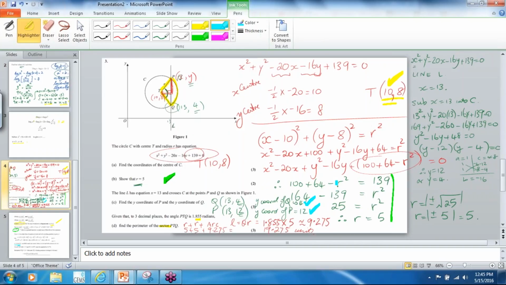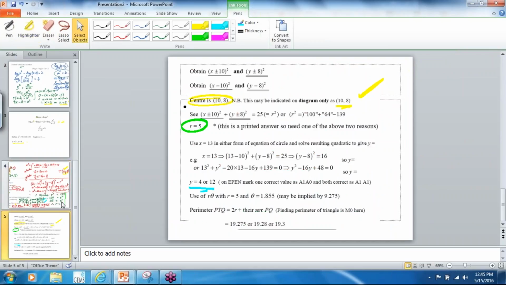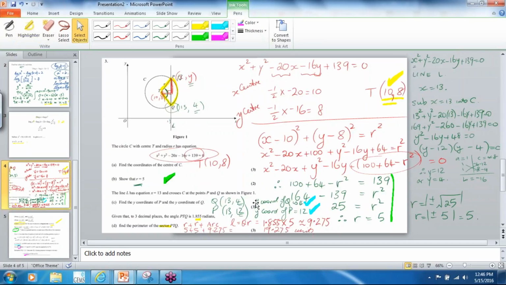So we've got 4 and 12. That's fine. And finally, 2 radius plus their arc length. The arc length is r times theta, which is 5 times 1.855, and we've got 19.275, which is an acceptable answer.